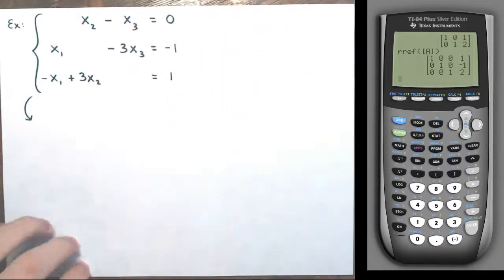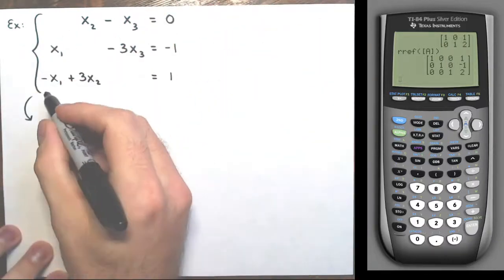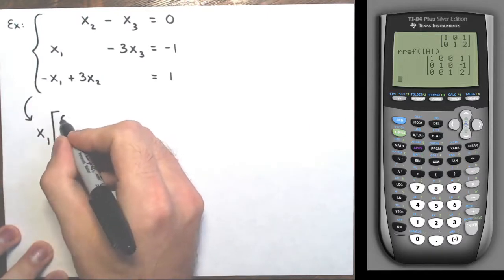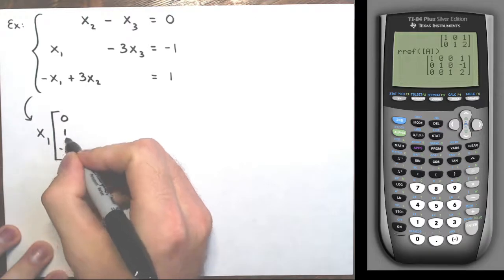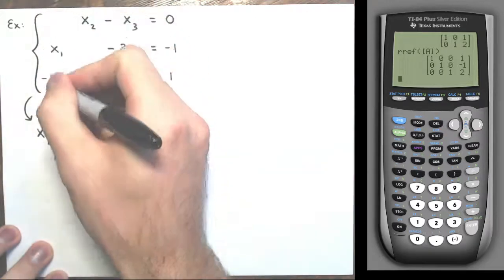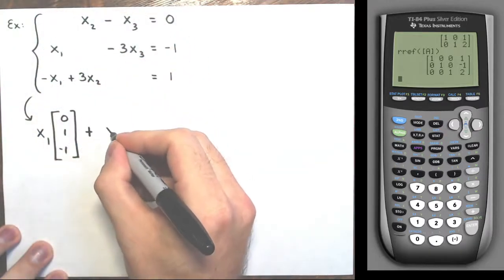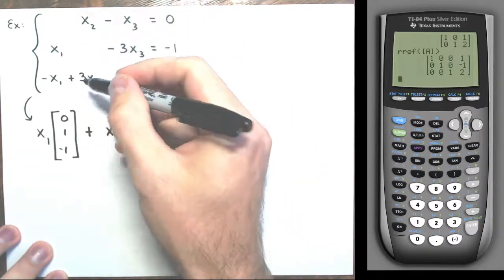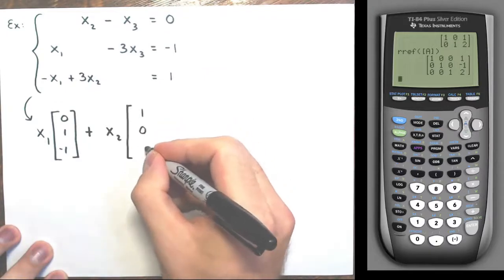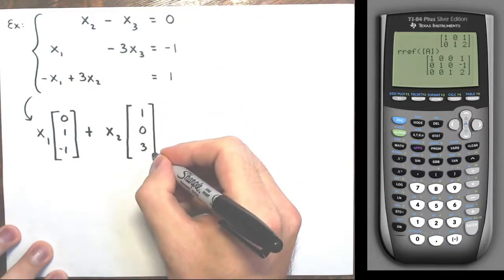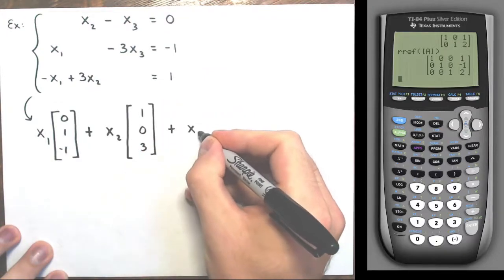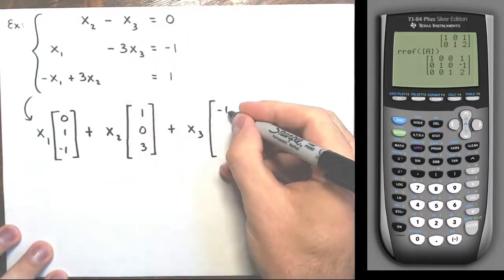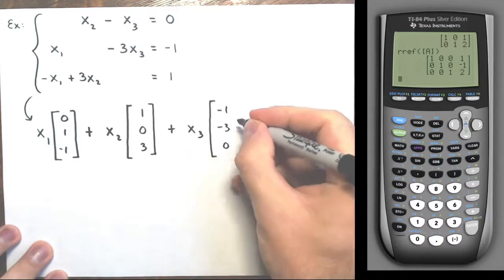I have x1 times the vector 0, 1, negative 1, just the coefficients of x1 going down, plus x2 times 1, 0, 3, plus x3 times the vector with the coefficients of x3, negative 1, negative 3, and 0.